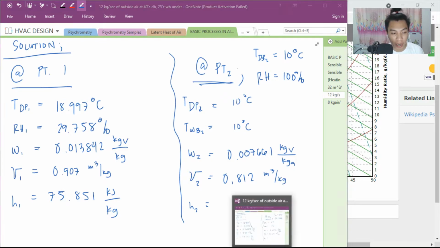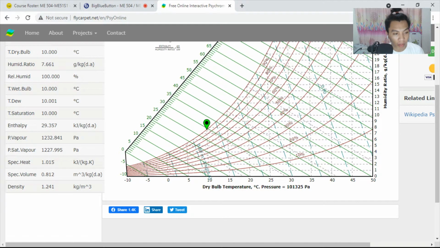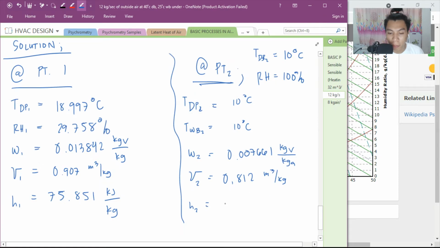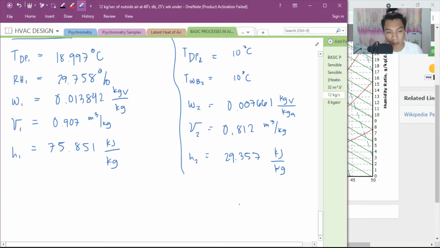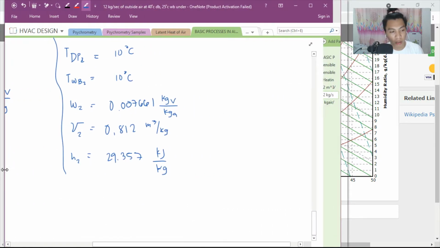Enthalpy, mas mababa yan. 29.357 kilojoules per kilogram. Okay, nahanap na natin all of the given.